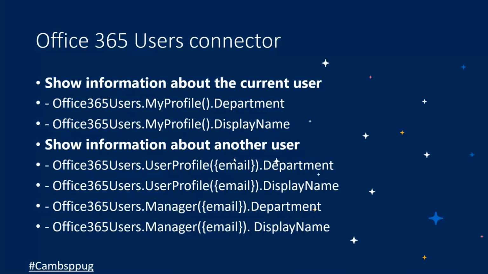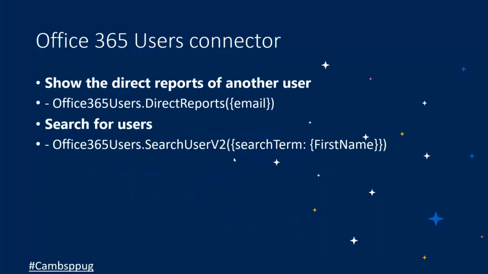We can get another user using the email, and we can also get the manager of that user and get that personal information. The next things we have for the 365 Users connector are direct reports and search for users with some search terms. It can be anything: email, name, phone, manager, and so on. The company probably.